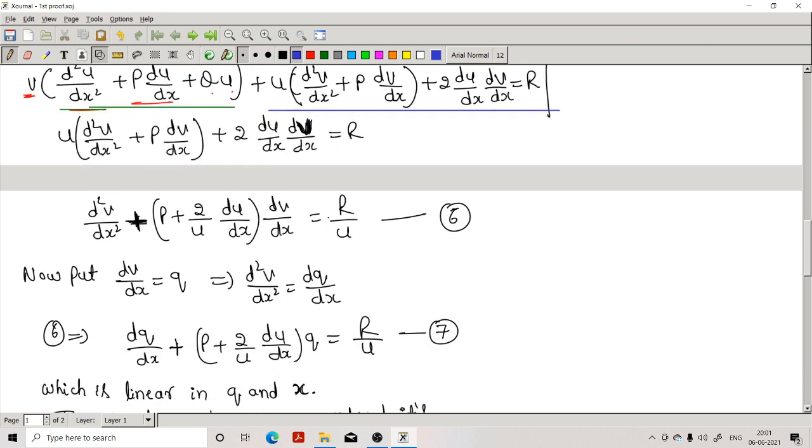Again, for simplification to a nicer form, just divide this equation by u.